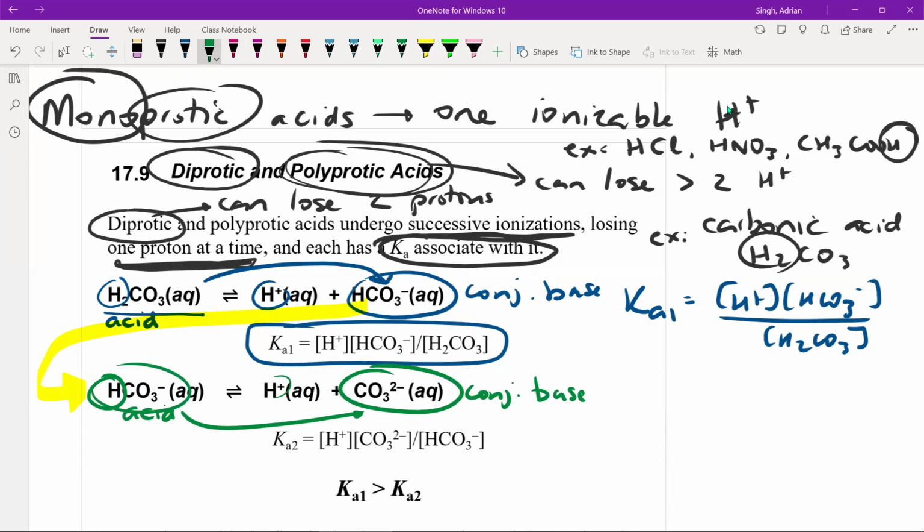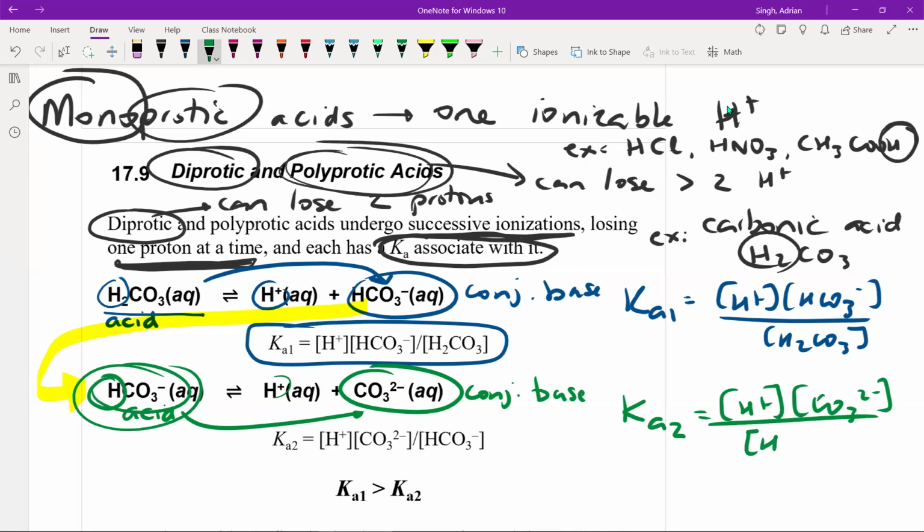And we can also write the Ka expression. It would be Ka2, meaning that it's for the second ionizable proton. It's going to be the H plus times the carbonate ion, CO3 2 minus, divided by the concentration of the bicarbonate, the HCO3 with a minus charge.